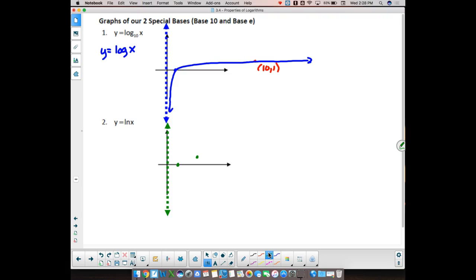So it's not going to make as graphic of a turn, but it still does make a pretty sharp turn. Because it's got to go through the point e, 1, which we round e to 2.7. Okay.